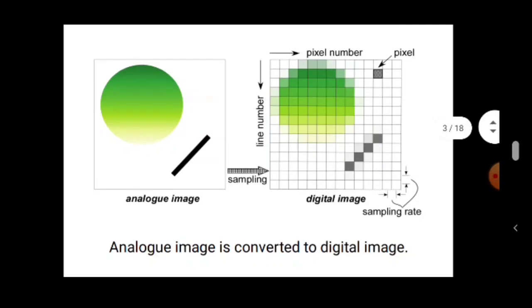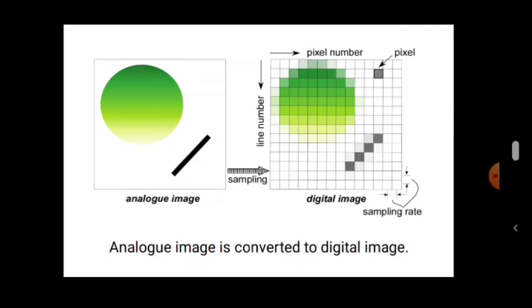Analog images are produced by photographic sensors on paper-based media or transparent media.